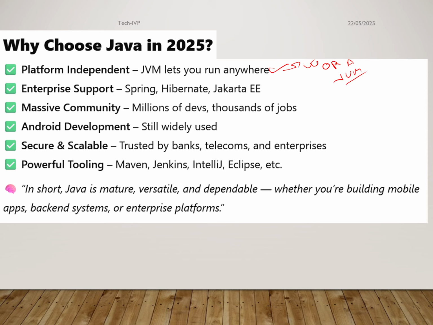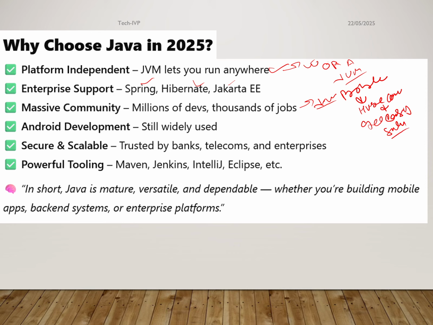Enterprise support: frameworks are available, like Spring, Hibernate, and Jakarta. There is a massive community in Java. If you get stuck with any problem, there is a huge community, and you can get an easy solution.